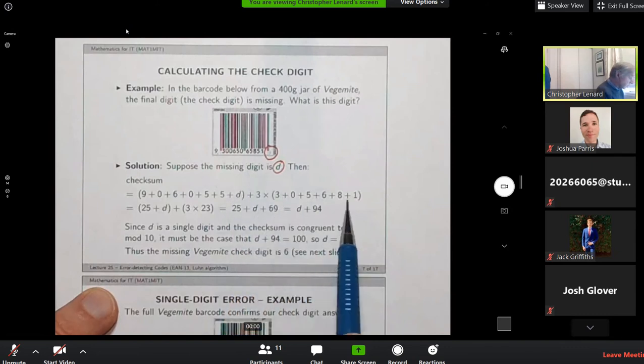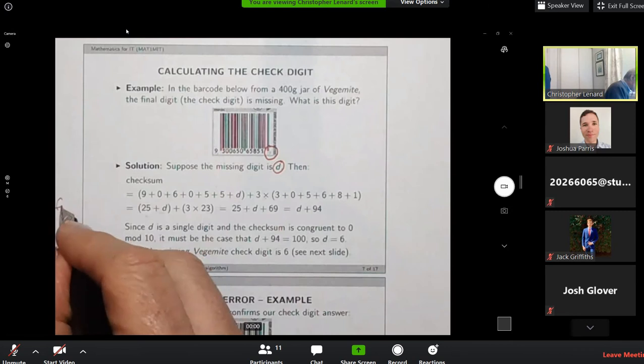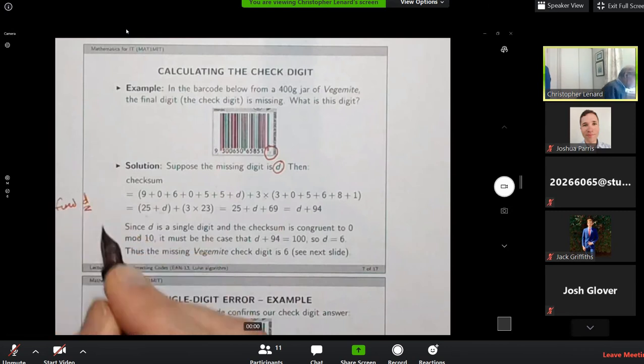Add them up, multiply by 3. Now 9 plus 6 plus 5 plus 5 is actually 25. We're still adding D. So the idea is that we want to find D.